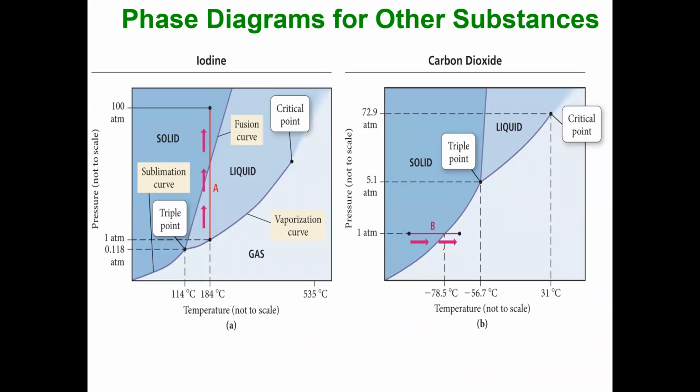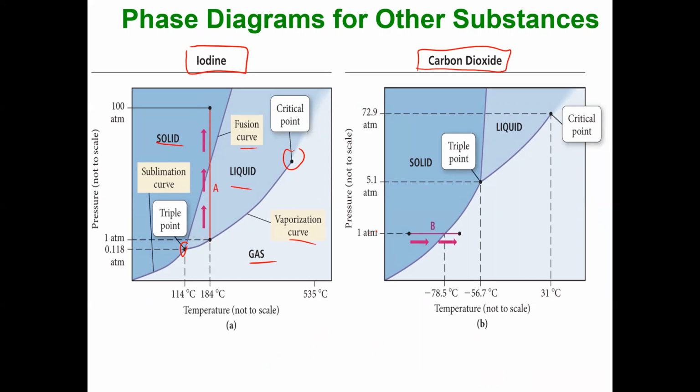Again, different phase diagrams, similar shape, same concept. So here I have iodine, which has a critical point, a triple point, solid, liquid, gas, vaporization curve, fusion curve, sublimation. Now, 1 atmosphere, I see that I can get to the point right here. If I go to carbon dioxide, same thing.